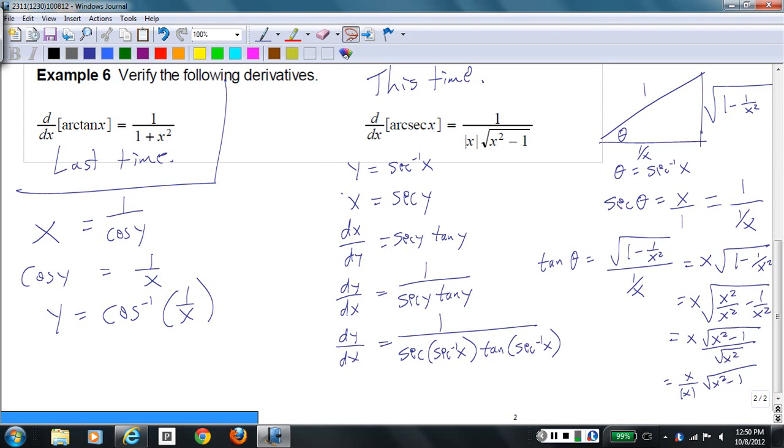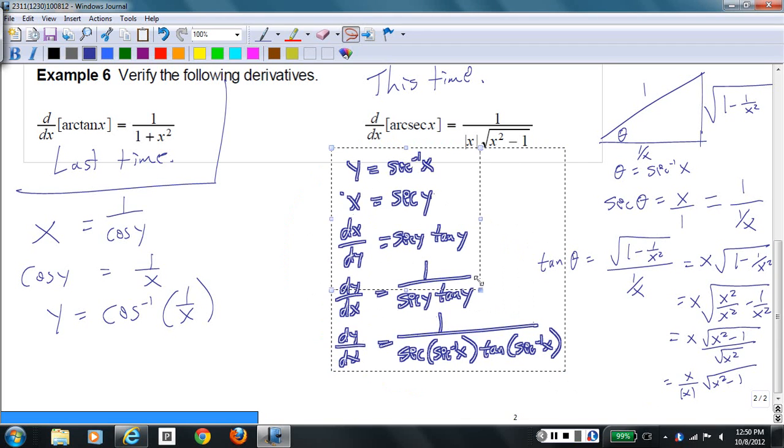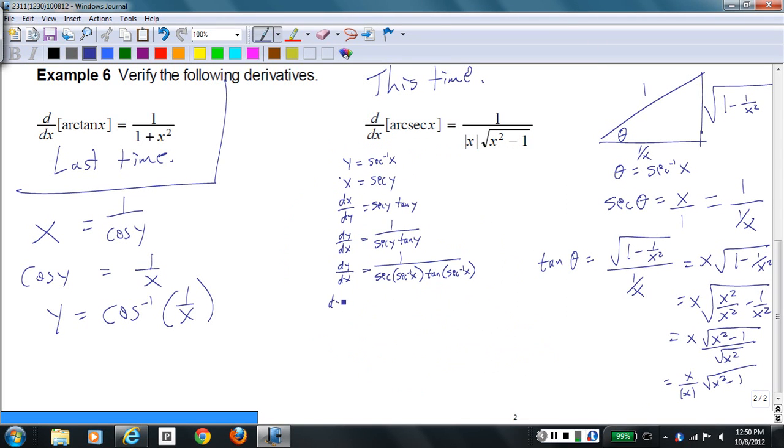All right, so let me shrink this down a little bit and see if we can come up with a final answer. So dy dx equals 1 over x times x over the absolute value of x times the square root of x squared minus 1.